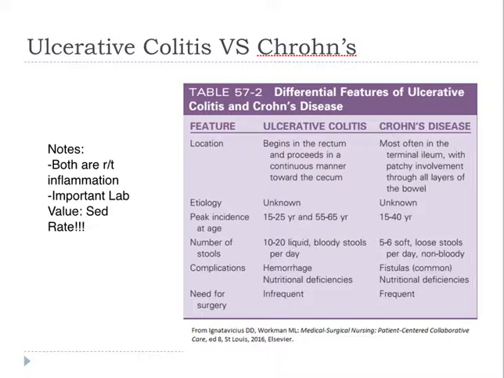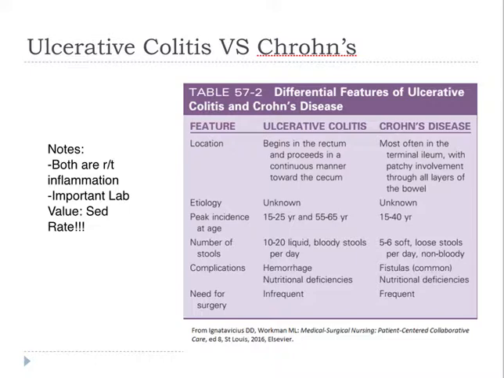I apologize, I'm having difficulty reading my writing. It is the right lower quadrant. So let me just repeat that so we have it straight. Crohn's disease is the right lower quadrant. Ulcerative colitis is the left lower quadrant.